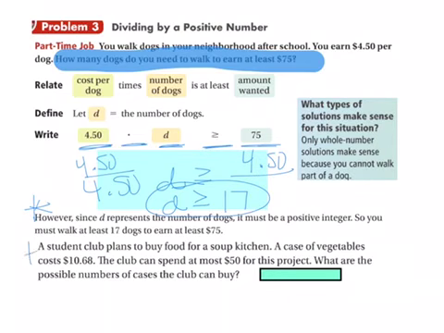There's a little bit of a try problem down here. It said a student club plans to buy food for a soup kitchen. A case of vegetables costs $10.68. The club can spend at most $50 for this project. So we'd have to do 10.68 times V, let's say that's a case of vegetables, has to be less than or equal to $50.